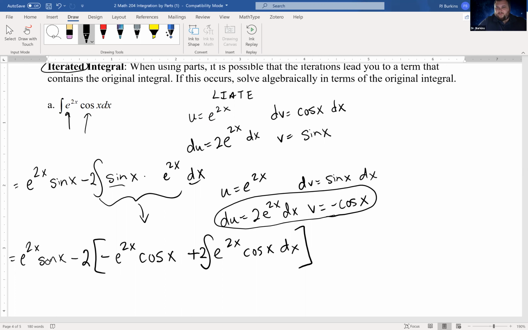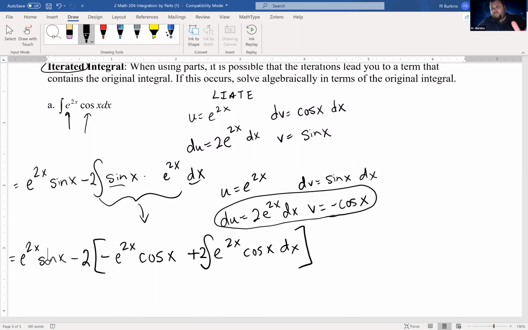So does anybody see why this is called iterated yet? Yeah, you kind of get stuck in a loop. You just keep going and going and going. It's funny, I always solve this problem now for students, but in most classes I thought of this problem as a rite of passage.